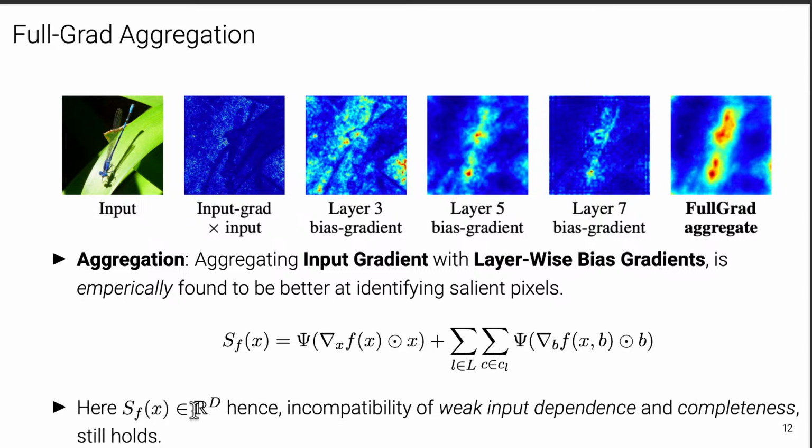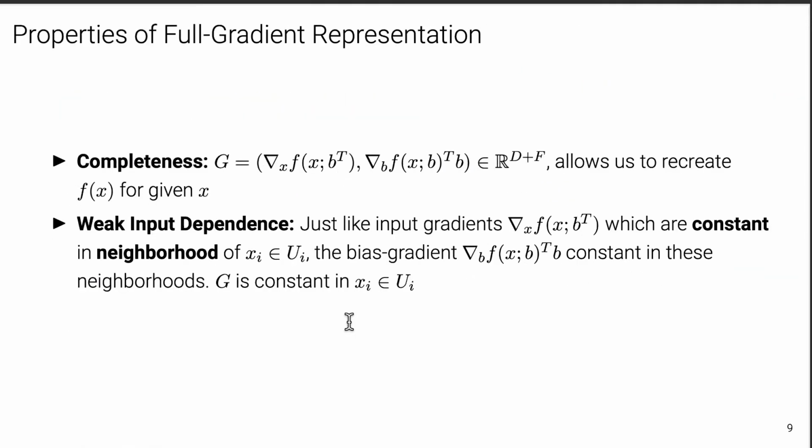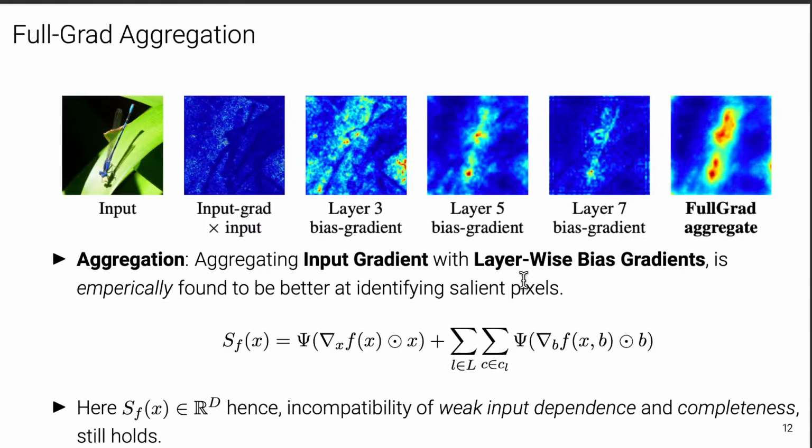So we run into an issue where, even now, because our true representation is still going to be our gradient representation, which is R plus D dimensional, but for the purposes of our input, we still need to have our d-dimensional map, it will still suffer from the incompatibility of weak input dependence and completeness not being able to hold together. So this is basically dependent on the kind of post processing we use.